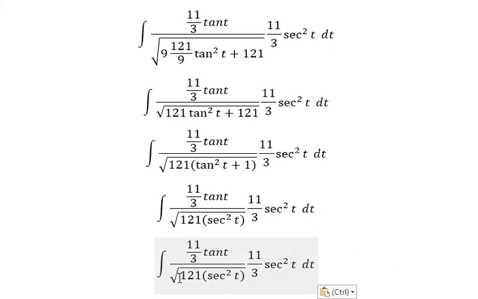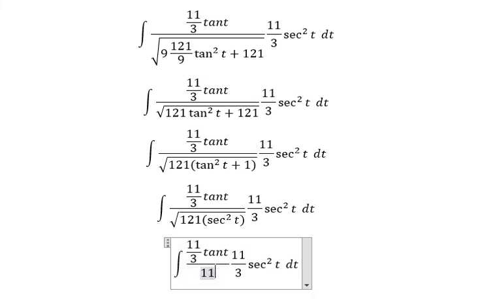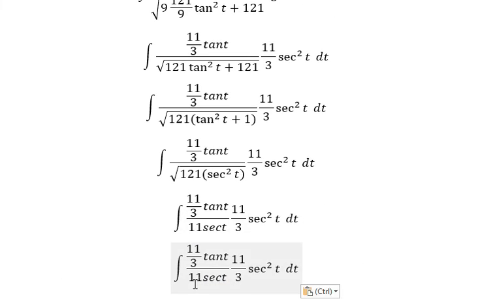The square root of 121 secant squared t is 11 secant t. Now we need to simplify 11 secant t.